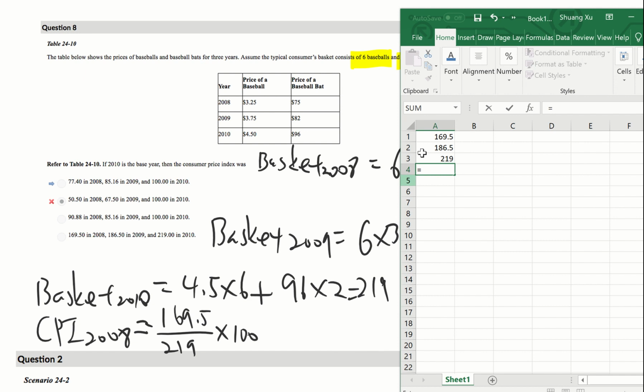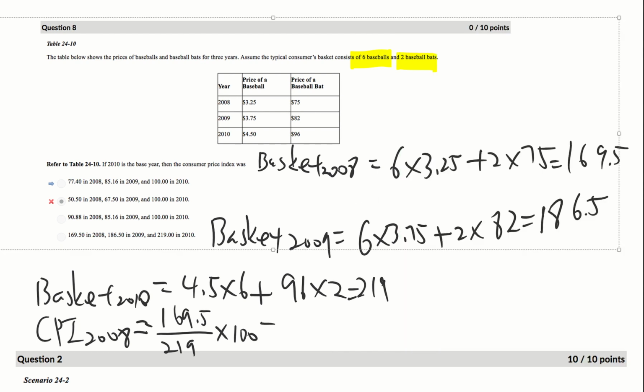This divided by this times 100 will be 77.39. And then for 2009, we're going to do the 09 basket value over the 2010 basket value times 100. That'll be 85.16.